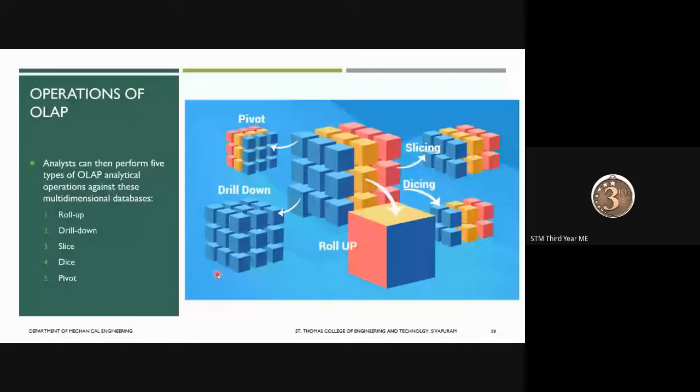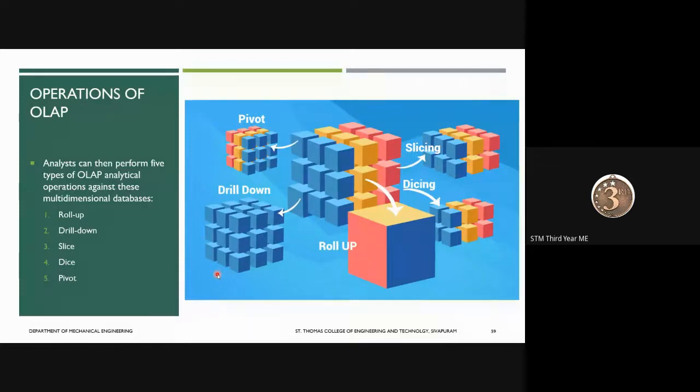It is the most sophisticated and time consuming operation under OLAP, because if the data is present at the bottom or even in the middle, you have to scroll from top to bottom or bottom to top. It takes some time. Compared to other operations, drill down is the most time consuming.